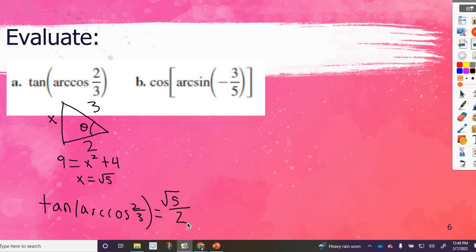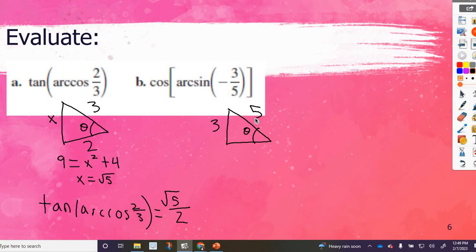So my next one is going to work very similarly. What's the only difference? So when I draw my triangle, what is sine this time? Okay, so my opposite is going to be 3. My hypotenuse is going to be 5.